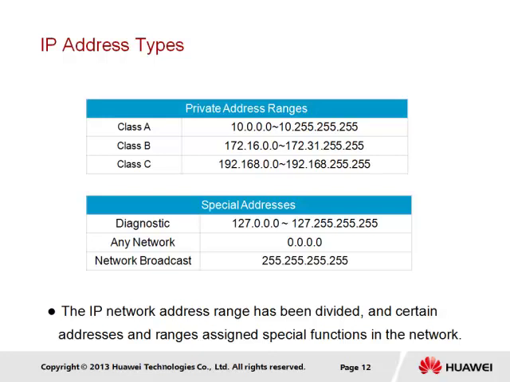The reserved 0.0.0.0 address is used to represent any network within the IP address range. Its function will be made more apparent when routing processes are introduced.